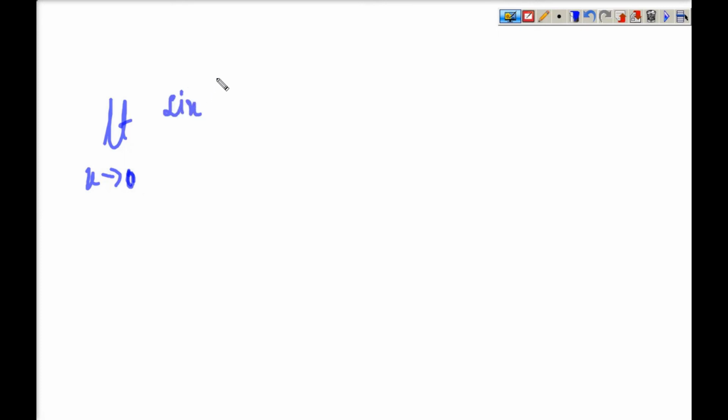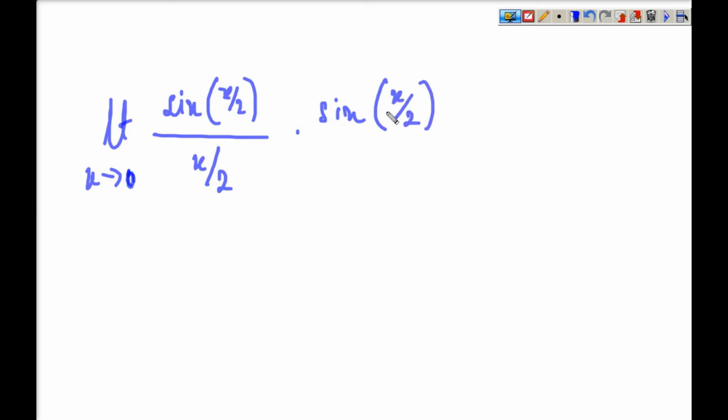We get limit as x approaches 0 of sin x by 2 by x by 2 multiplied by sin x by 2, right? This whole thing will be equal to 1, from the previous equality that we have.